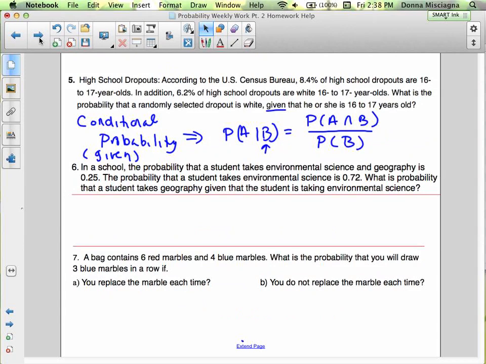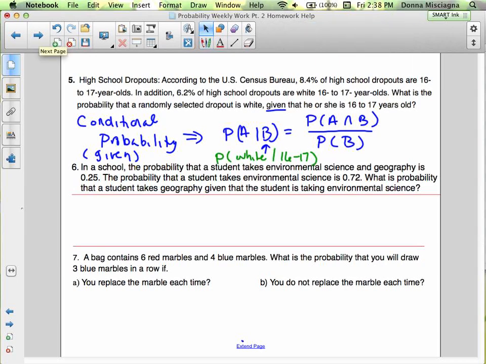And if you use this formula, you will find the probability that a randomly selected dropout is white, given that he or she is a 16 or 17-year-old. So this particular probability was the probability of white given 16 to 17. All right.